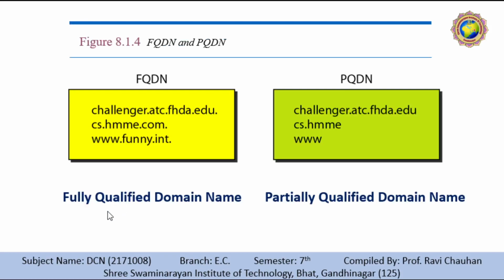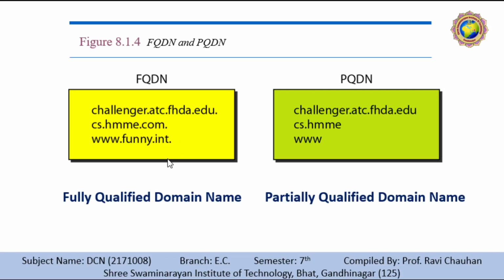Next is the fully qualified domain name. If a label is terminated by the null string, it is called a fully qualified domain name. You can observe that there is a dot at the end of the domain name. An FQDN is a domain name that contains the full name of a host. It contains all labels from the most specific to the most general that uniquely define the name of the host.